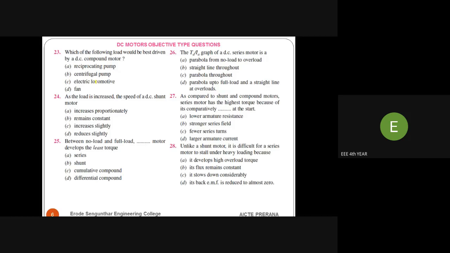Centrifugal pump is a shunt motor application. Electric locomotives are DC series motor applications. Fan type of load is only a shunt motor. So the reciprocating pump is the compound motor application. The correct answer is reciprocating pump.